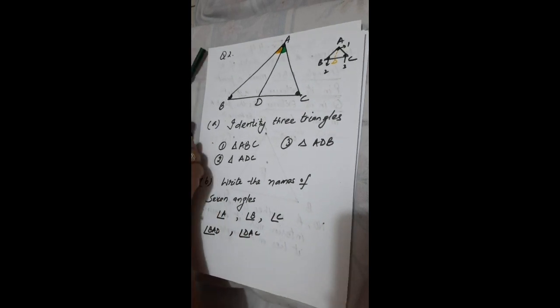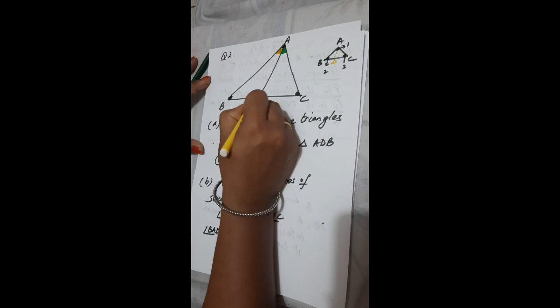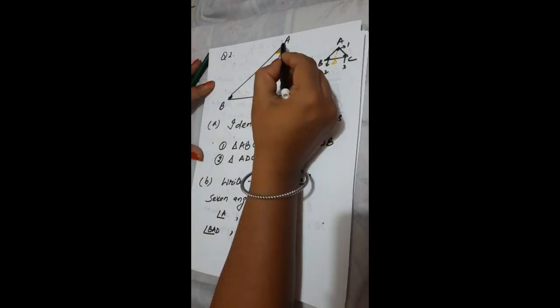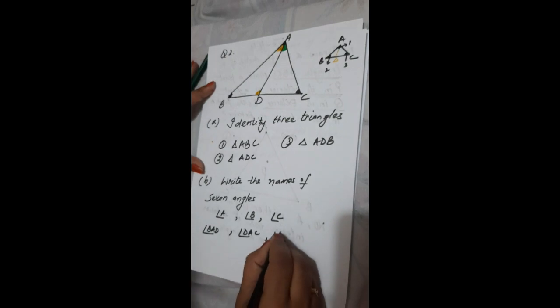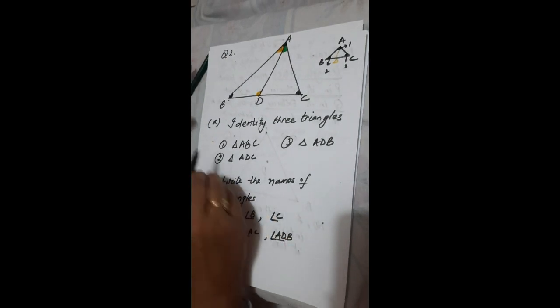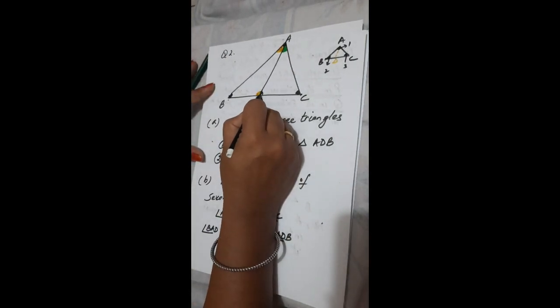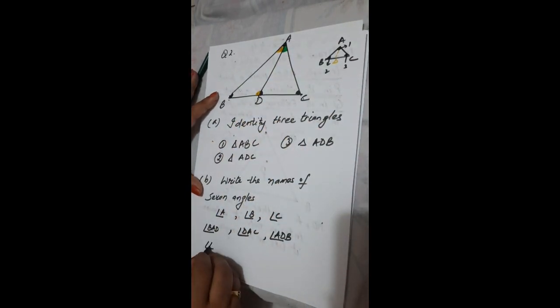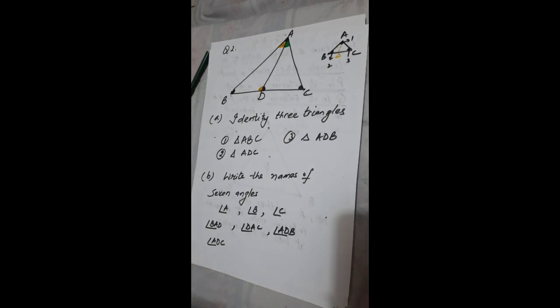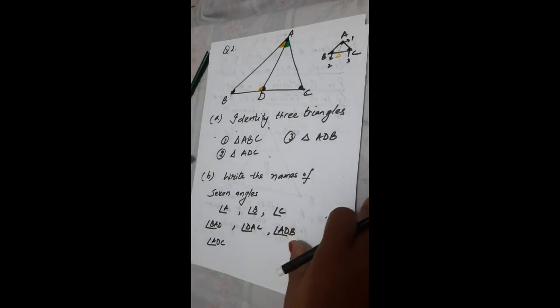Then we have this one angle, so I will write ADB. And the last one is this one, so I will write ADC. So these are the names of 7 angles.